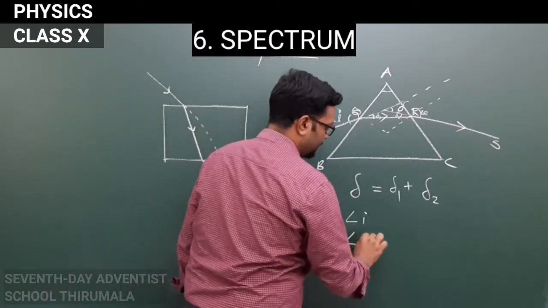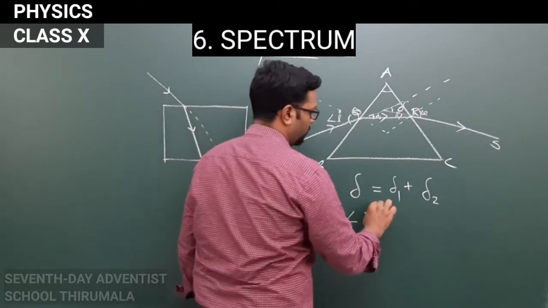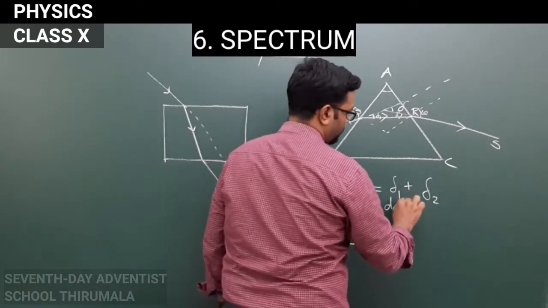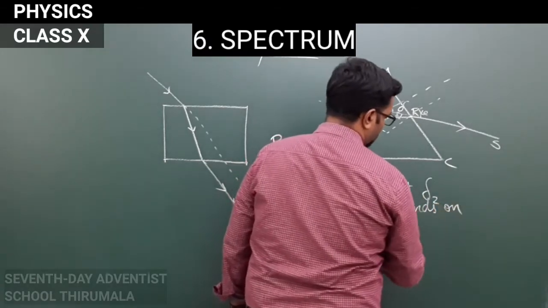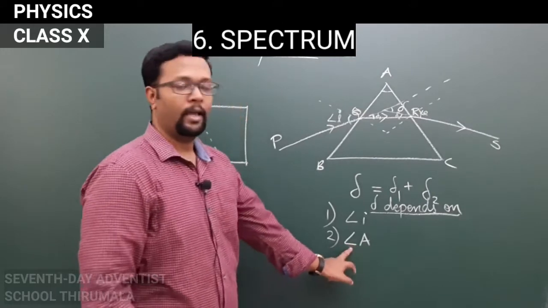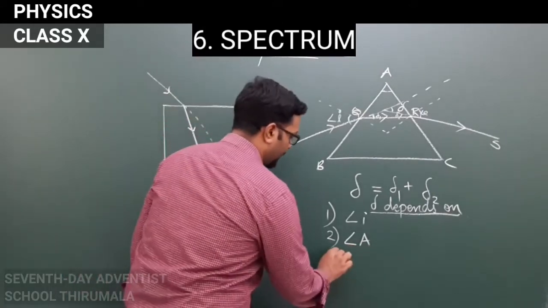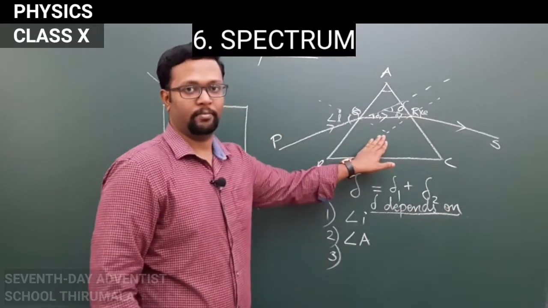So deviation depends on 1. angle of incidence, 2. angle of the prism, and 3. the refractive index of the material of the prism.